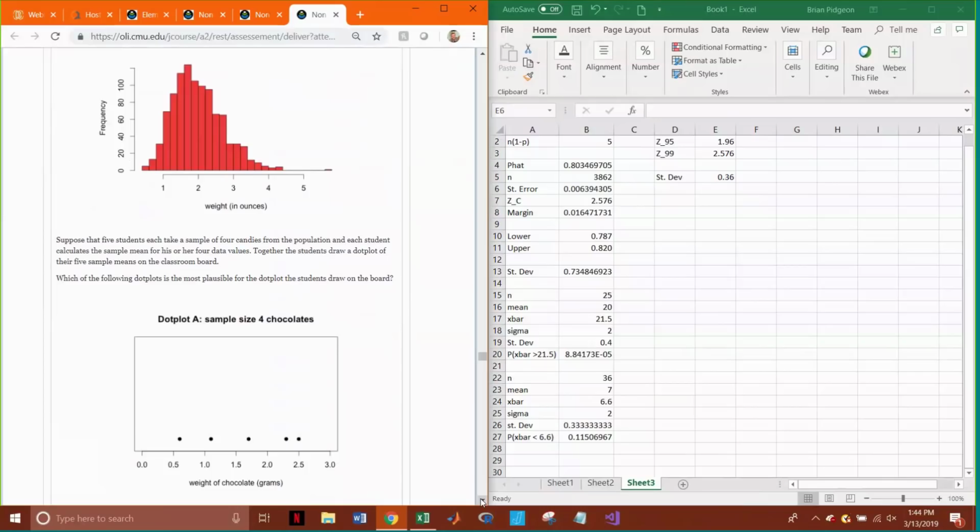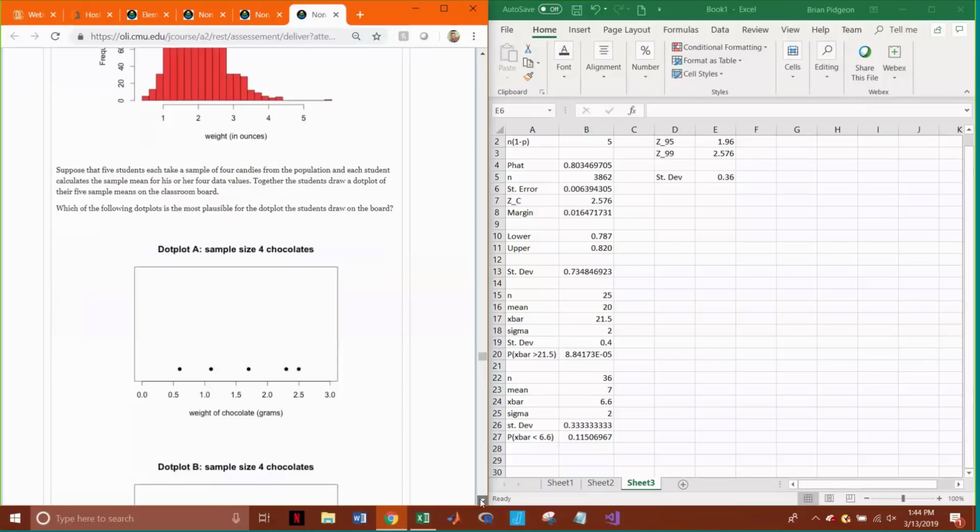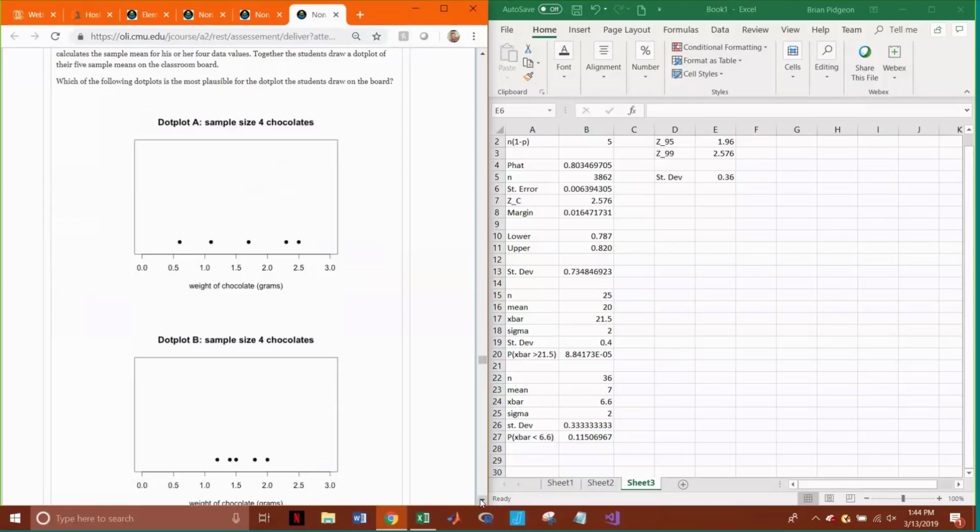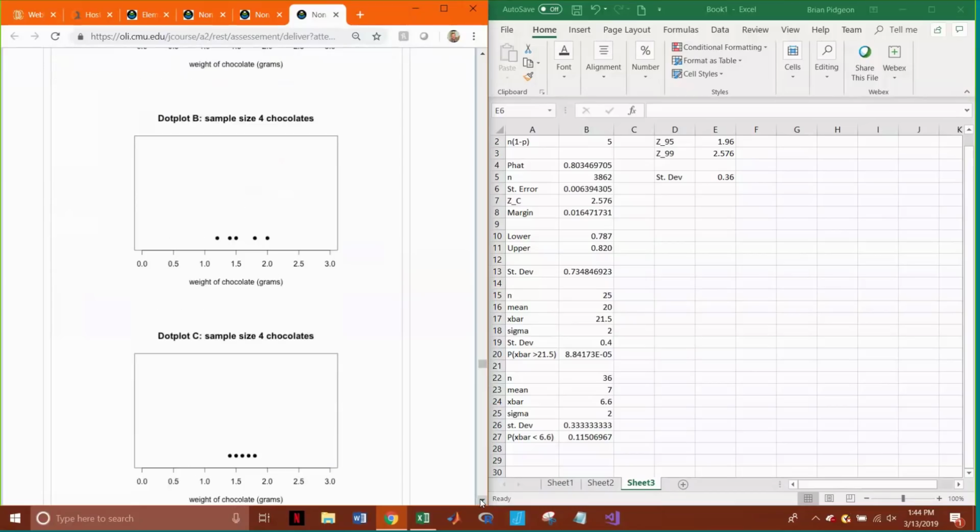Well, our initial distribution looks to be between something less than 1, maybe 0.25, all the way to a little more than 4. And it's a sampling distribution, so it's going to have a smaller variability. Now, because our sample size is so small, I would highly say that dot plot C is very unlikely. They're not going to be that clustered together.